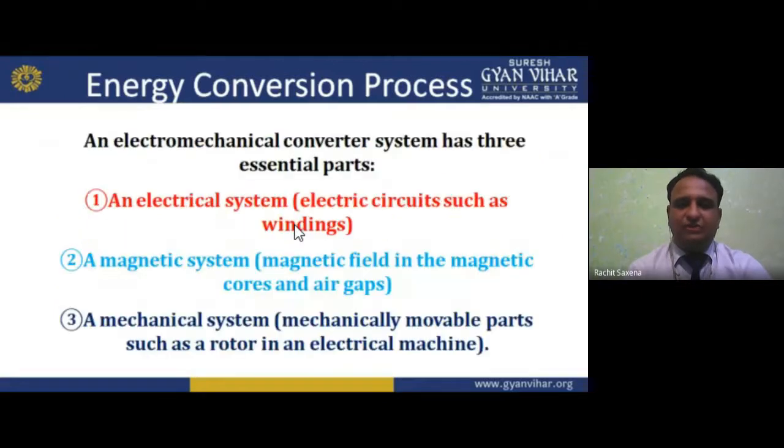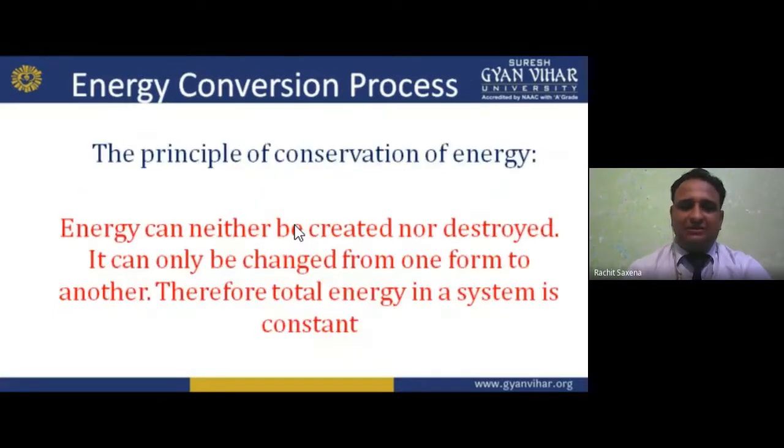Now moving forward, these are the basic principles which we follow in the energy conversion process. The energy conversion process is basically converting from one form to another, which comes from the principle of conservation of energy.